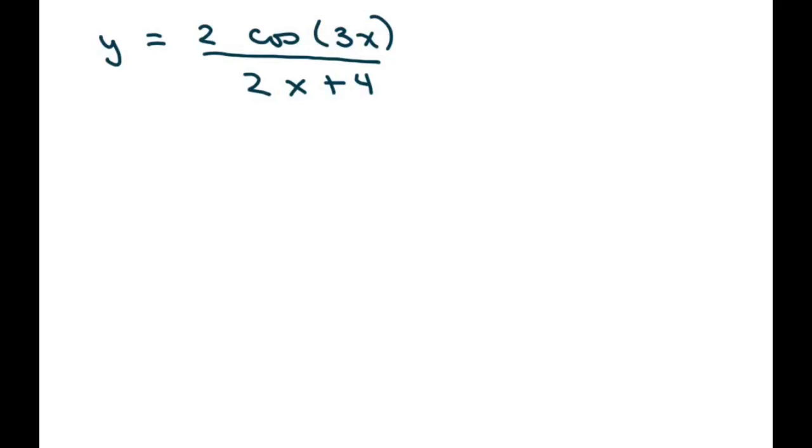The last one, we have another quotient rule. So basically, I'm going to let u be my numerator. I'm going to let v be my denominator.